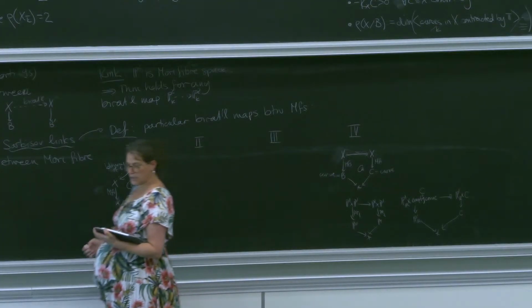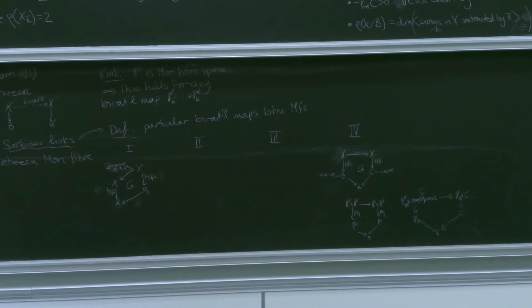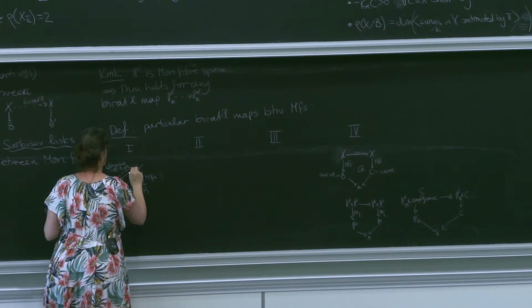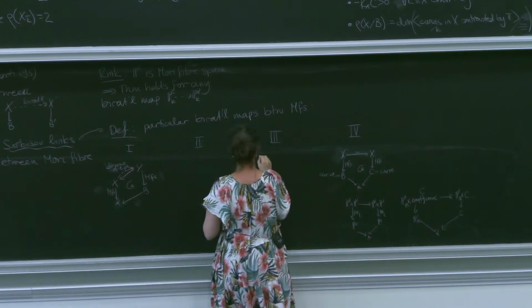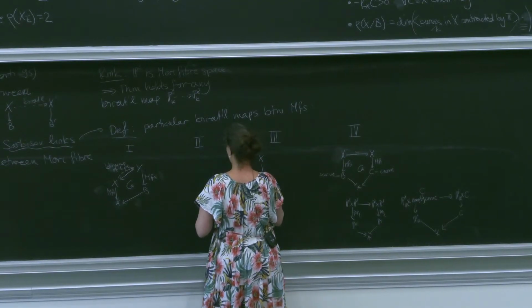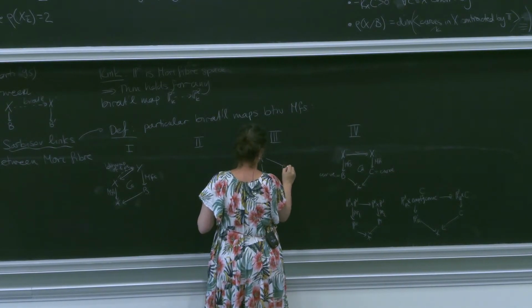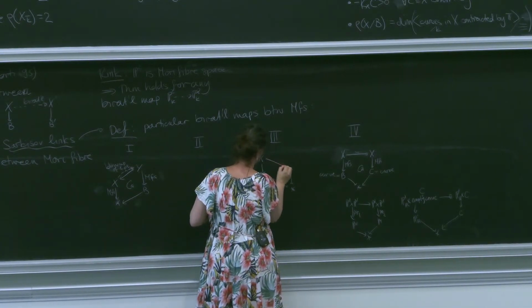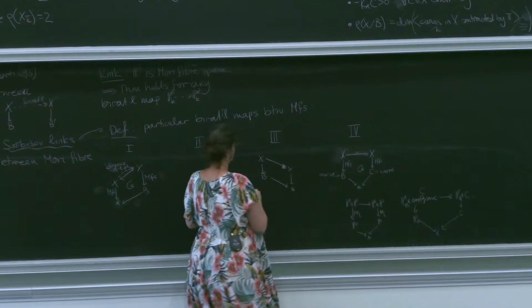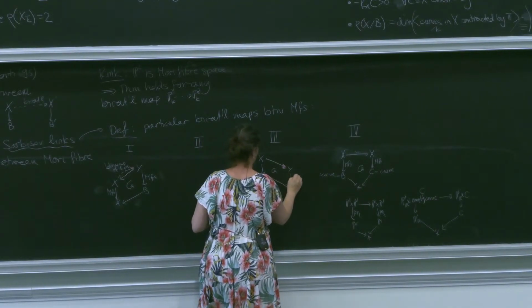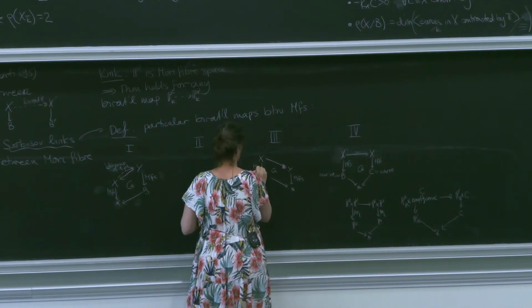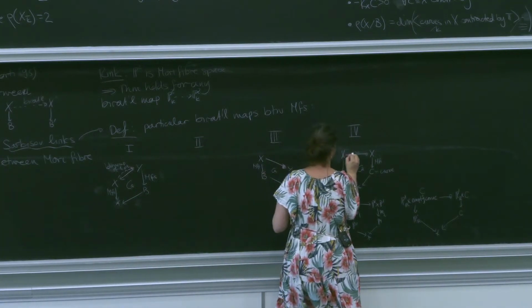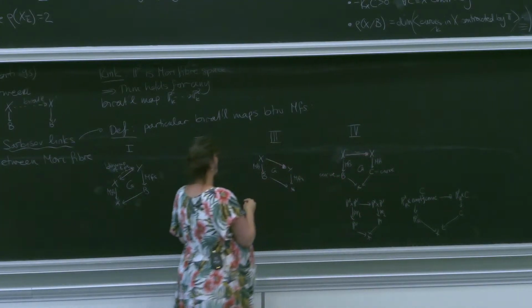In type 1, the Sarkisov link is going up, and in type 3, it is going down. And just in case, here is the link.